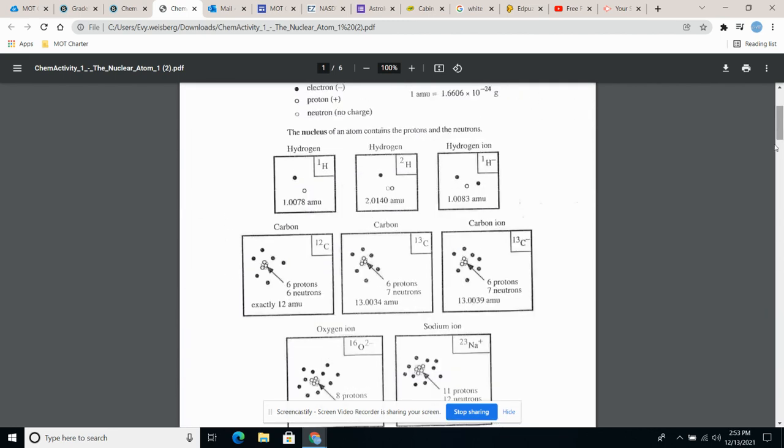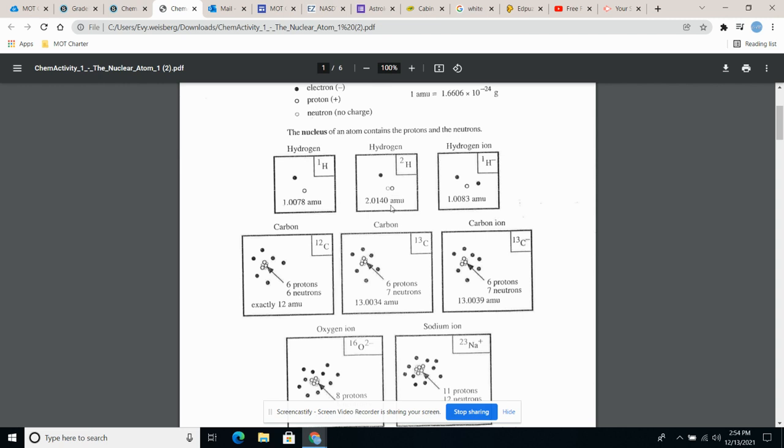And so again, just use this model. Like here we got hydrogen isotope 1, and so that means it has 1 proton and 0 neutrons, while hydrogen 2 is going to have 1 proton and 1 neutron.